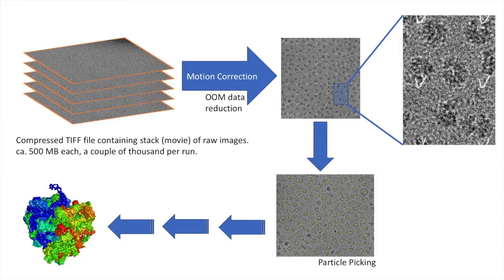When the electron beam irradiates the ice, there is beam-induced motion. And we have these high frame rate direct electron detectors, which can very quickly take many frames in what we call a movie, and you can motion correct and align for the movement. So if you have movement, you get a blurry image, that's bad. You motion correct, then you have a good image, or a motion corrected image, with all these particles embedded in vitrified ice.